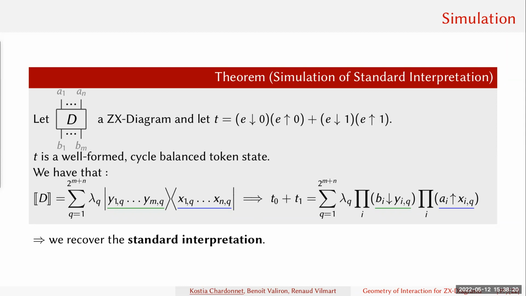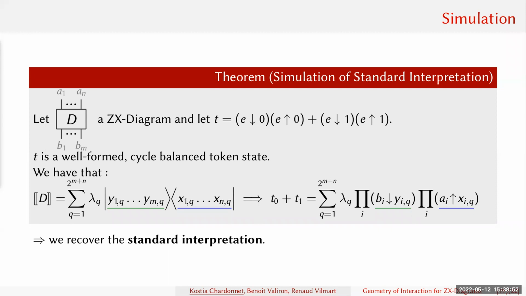And what would happen if you only do, say, T0, so not the T1 part? Is that not cycle balanced? It will still be cycle balanced, but you won't compute the whole semantics. You just miss half of the semantics of the diagram.